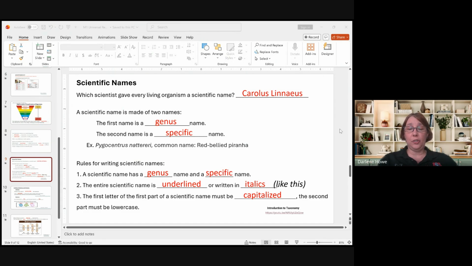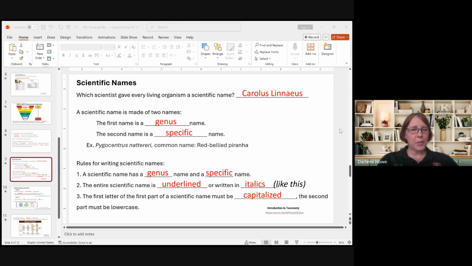So a scientific name is made of two names. First name is a genus. Second name is a specific or a species name. So you've got this one, Pygocentrus nattereri. I'm not sure how you say that, but that's what a red-bellied piranha is. That's its scientific name.